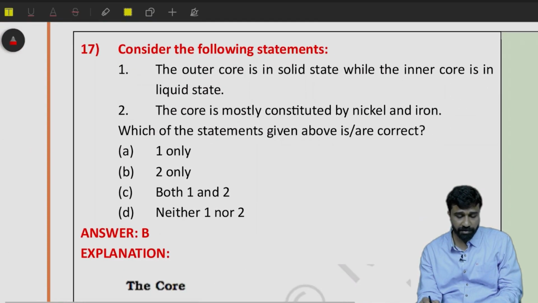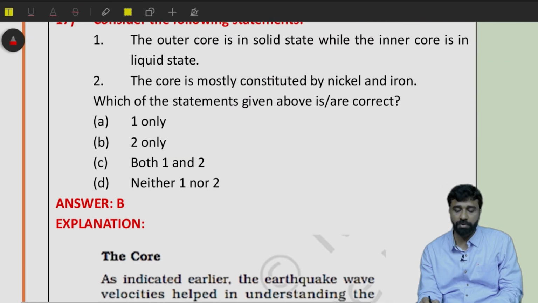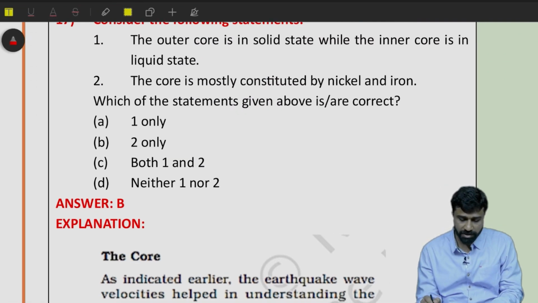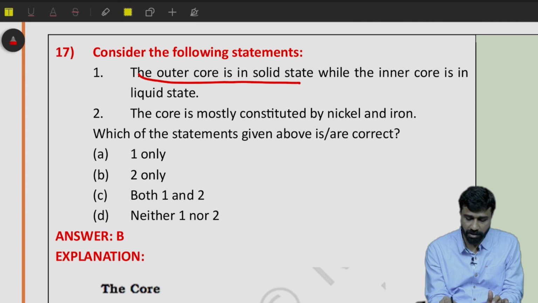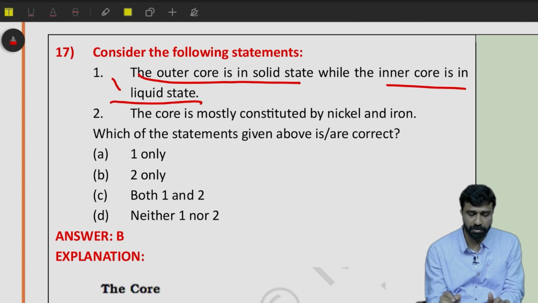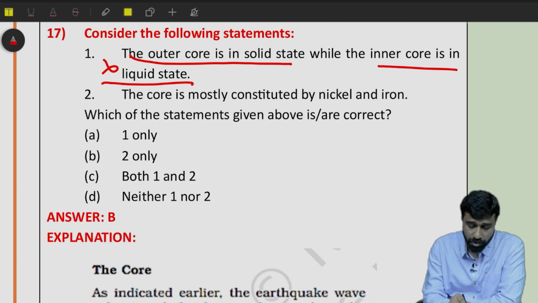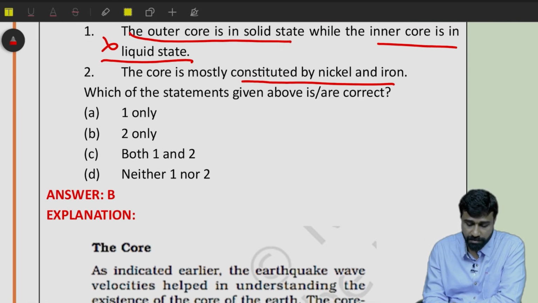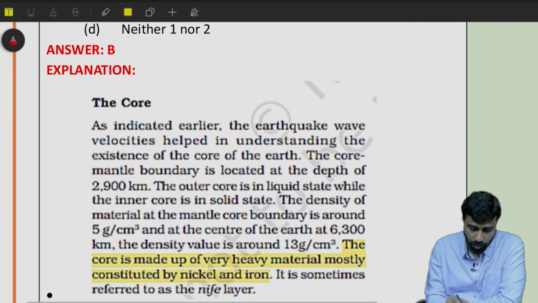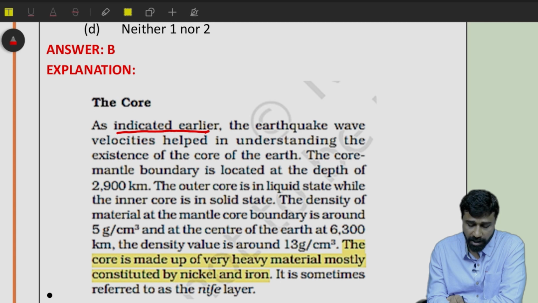Next, coming to the 17th question, the statement that the outer core is not in solid state is wrong. The inner core is in solid state, the outer core is in liquid state, so the first statement is incorrect. And the core is mostly constituted by nickel and iron, that is fine. As indicated earlier, the earthquake wave velocities helped in understanding the existence of the core of the earth.